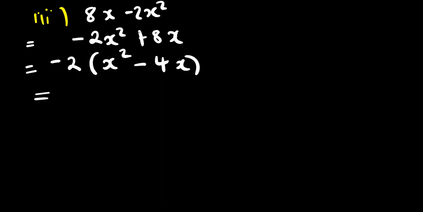Now what are we going to do? Again, just like the previous one, we half this and we square it. The half of negative 4, or 1 over 2, will just be a negative 2.